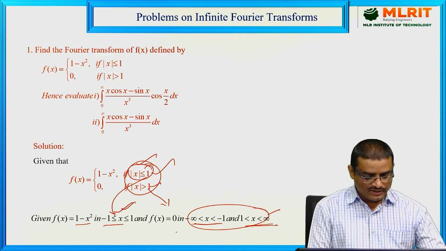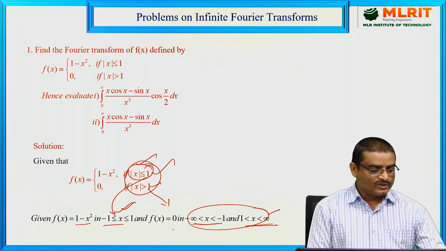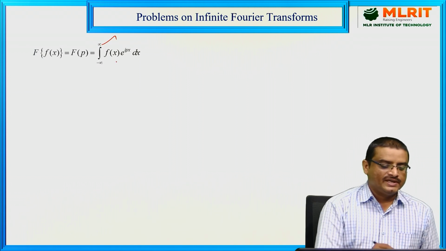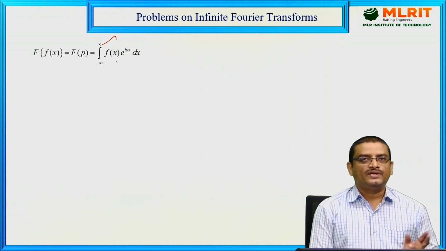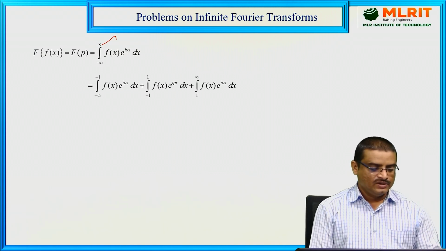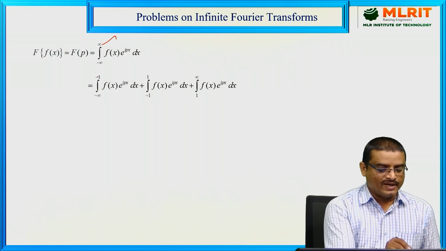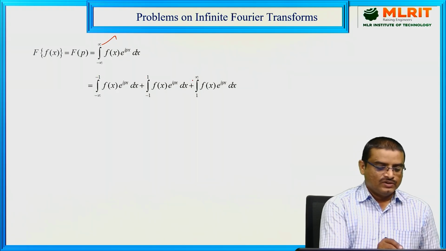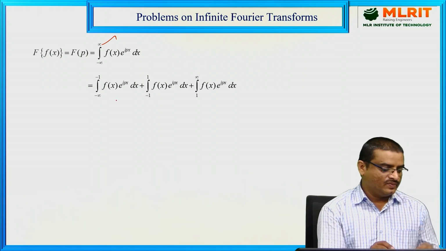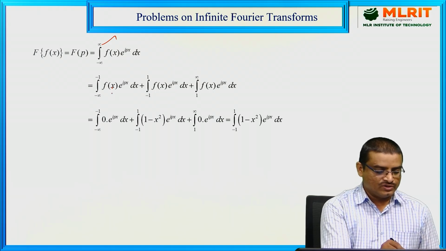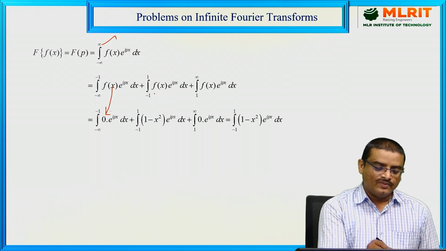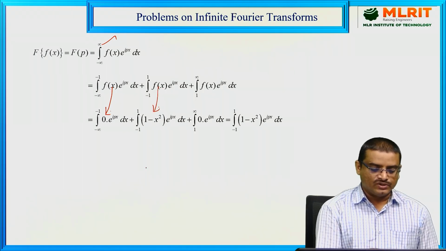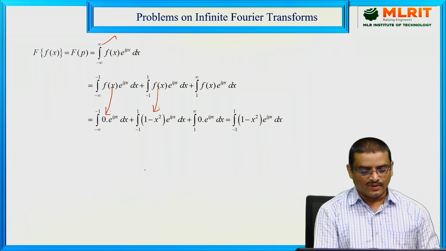Now according to these conditions, we have to take the Fourier transform and split the integral limits minus infinity to infinity into three parts: minus infinity to minus 1, minus 1 to 1, and 1 to infinity. From minus infinity to minus 1, the value of f of x is equal to 0, so replace that. Whenever x lies between minus 1 and 1, we take f of x equal to 1 minus x square, which is given in the problem itself.